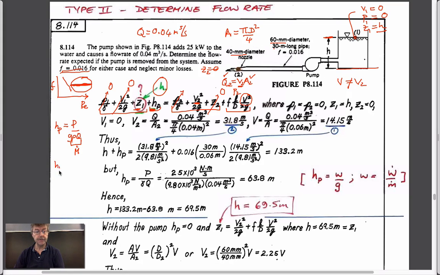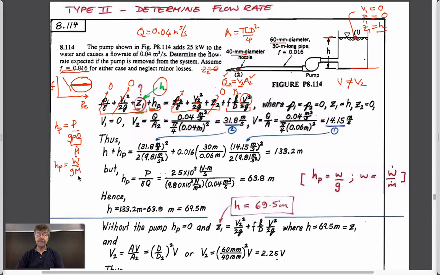So the pump head is the power, which we've also written as P equal to W dot, just the shorthand we've used, divided by gravity times the mass flow rate. These expressions are identical.